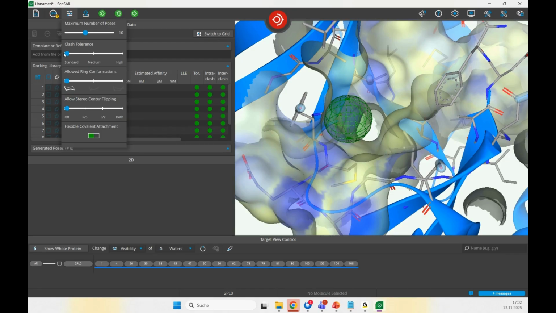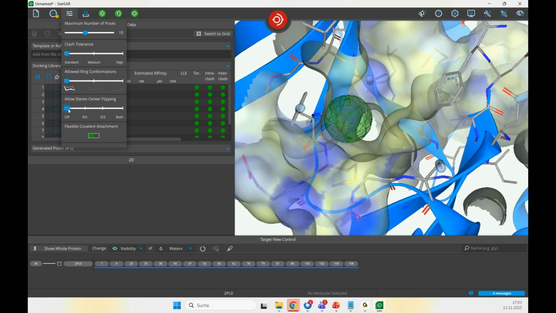If you have a very tight binding pocket, it could make sense to reduce the van der Waals radii of the heavy atoms of the target, which you can then do by increasing it to medium or high. I don't know who would like to do that, but it's also possible to allow additional ring conformations of high energy, like the boat conformation. By default, only the chair conformation is allowed. Twist is something people can consider if they would like to, but I would not recommend that as well.